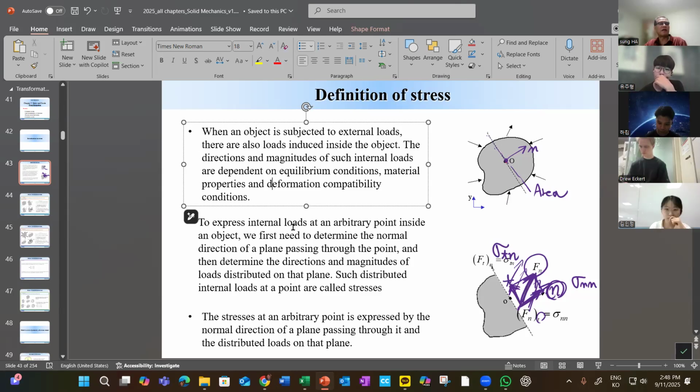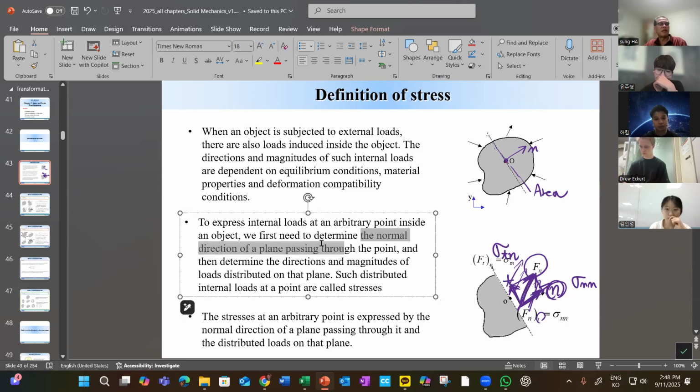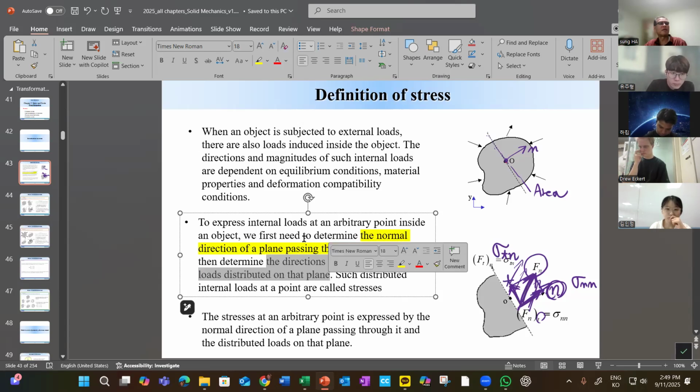To express the internal load at an arbitrary point inside the object, we first need to determine the normal direction of the plane passing through the point. This is a very important point. Then determine the direction and magnitude of the load distribution on that plane.